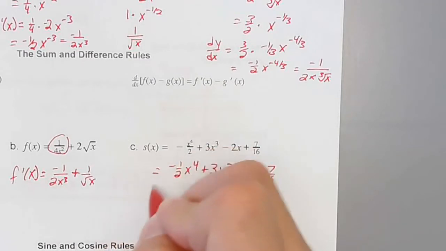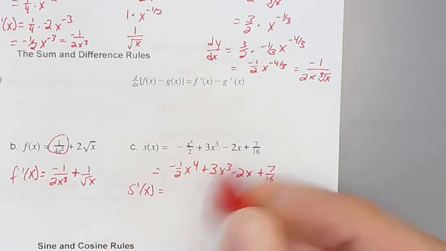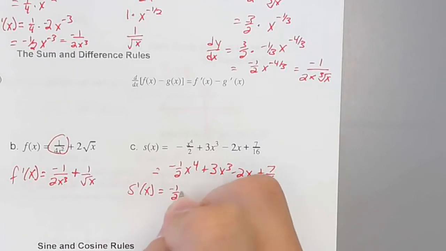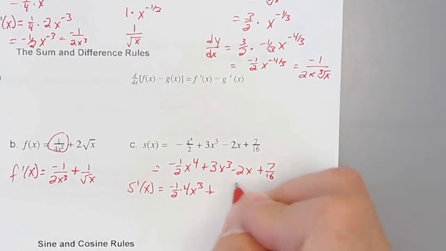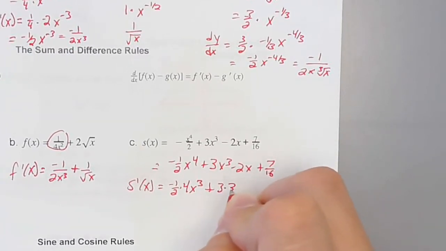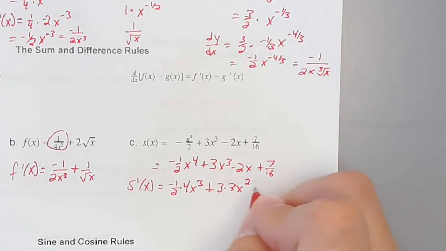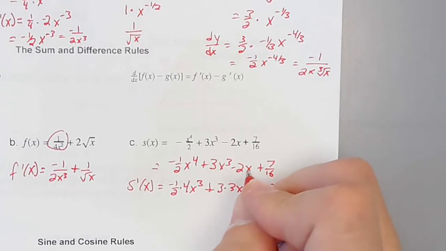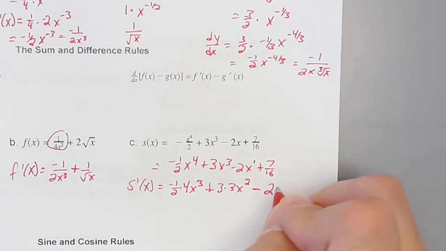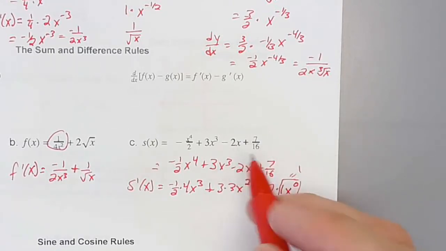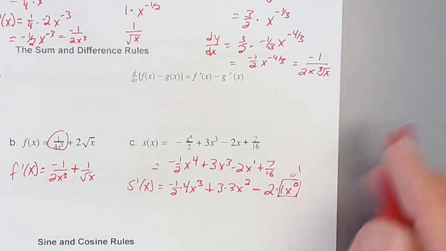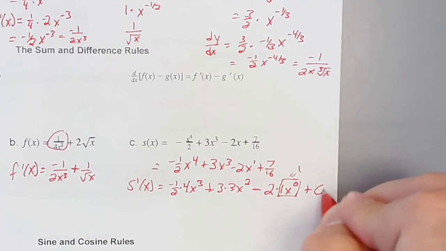So when I do my derivative, I get negative 1/2 times 4x cubed plus, because I have a plus sign, 3 times 3x squared minus 2. Now, this is really x to the 1, so really 1 x to the 0, which is just 1, which is why 2x just becomes 2 when I take the derivative. And then the derivative of 7/16 is 0.